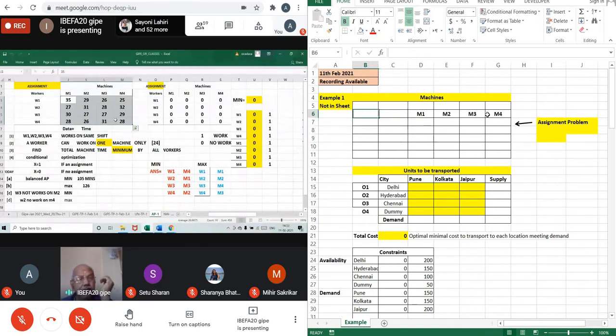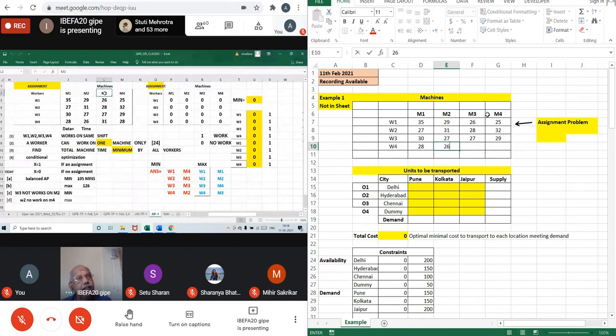For example, assemble a product. 35 minutes to assemble a product by worker 1 on M1. Same worker takes 29 minutes on M2, 26 minutes on M3, 25 minutes on M4.